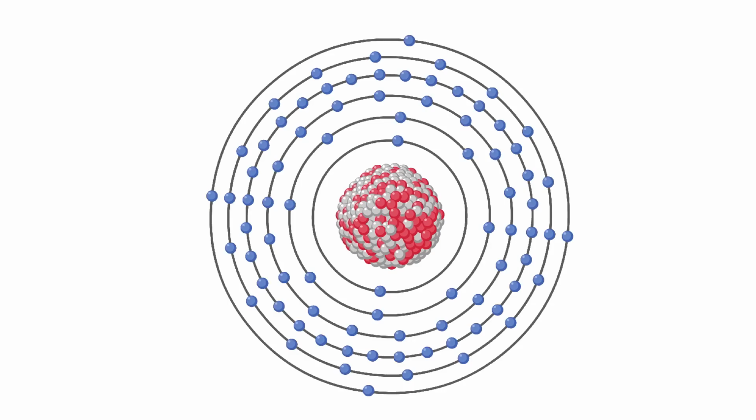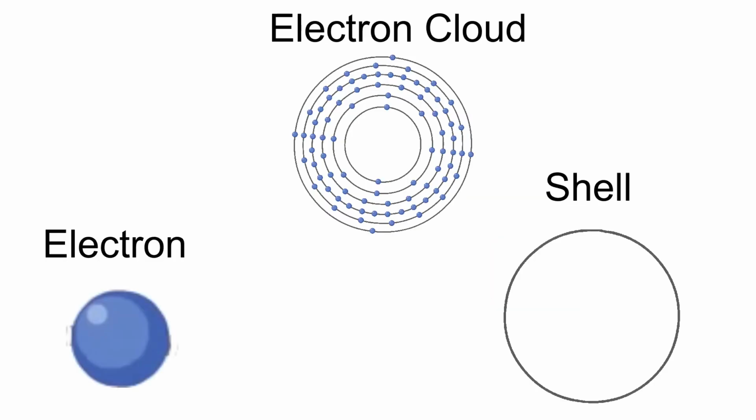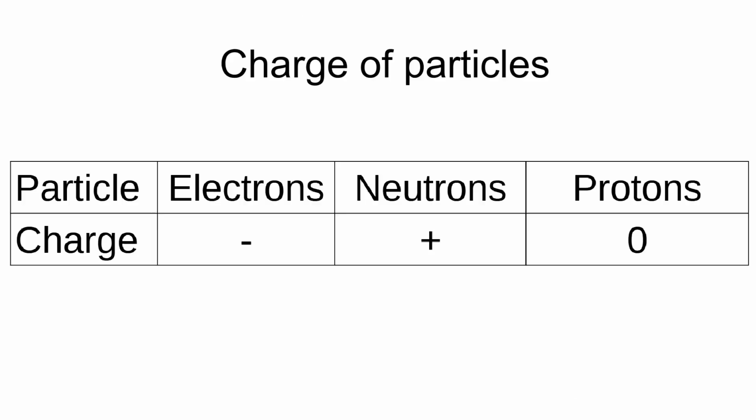An atom is made out of two parts, the nucleus and the electron cloud, each one made out of two things. The nucleus is in the middle of the atom and is made out of protons and neutrons. The electron cloud is in the outside of the atom and is made out of electrons that are attached to shells.